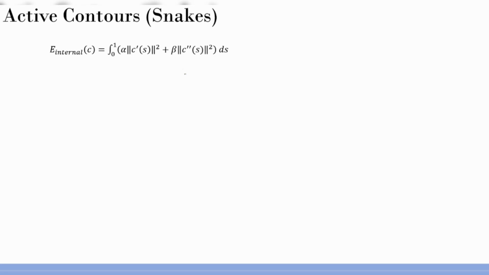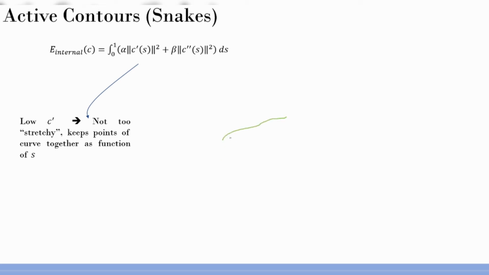Now let's talk in more detail about the importance of the first order derivative and second order derivative. The first order derivative is to keep the curve not too stretchy. That means for the two successive points that you take, if they are far apart, your C dash S is going to be very high. Let's say I take this point and this point, which are far apart.